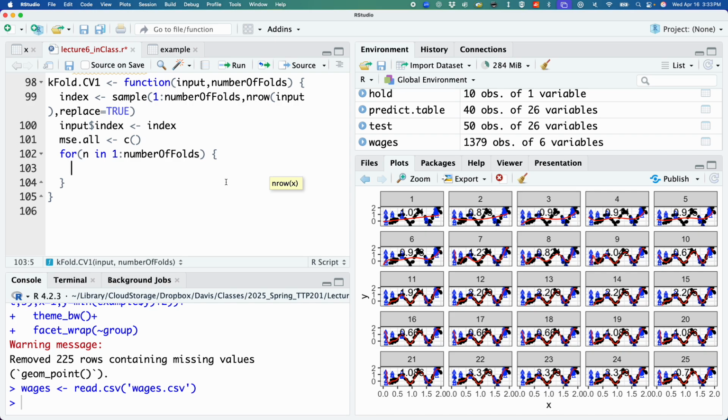So I'm going through this loop, generating the training data, and I'm generating the testing data. Where the testing data is input where input$index is equal to n.